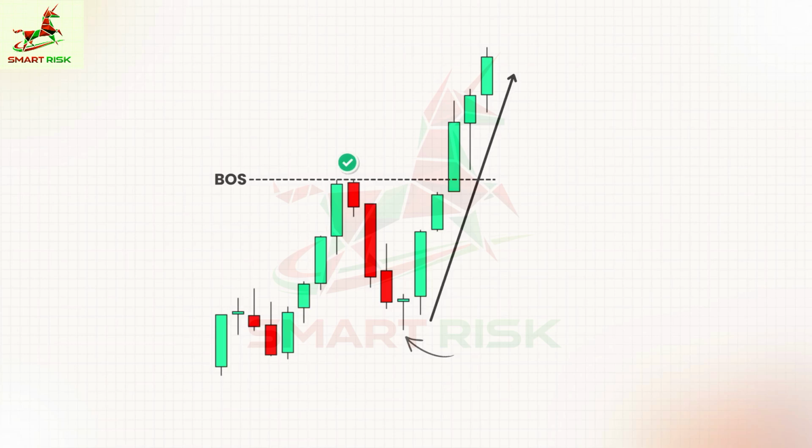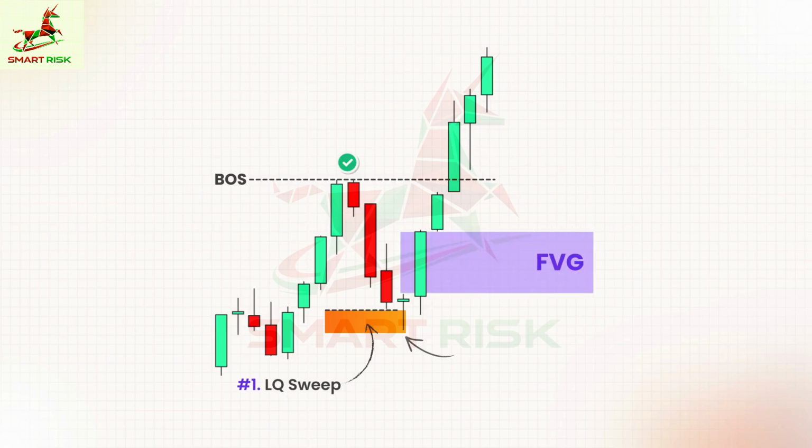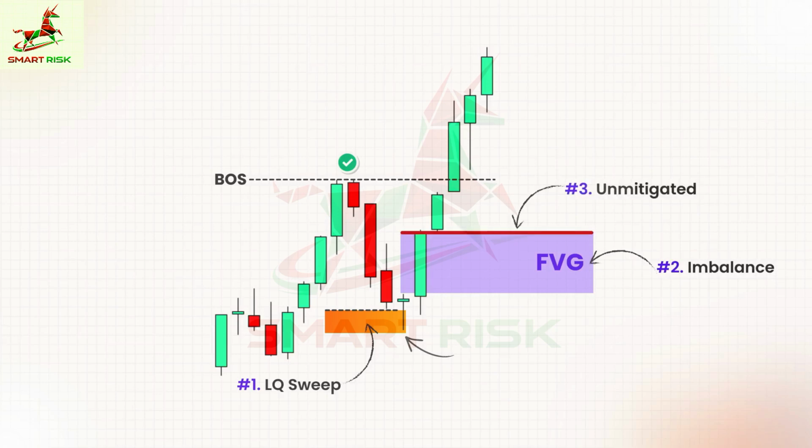Now, as price came down toward that swing low area, the last bearish candle broke below the previous candle's low, sweeping the liquidity underneath. That satisfies rule number 1. The candles that followed created an imbalance gap. That's rule number 2. And no candle's wick has touched the order block zone yet, so it's still unmitigated, satisfying rule number 3. So 3 out of 4 criteria are met.